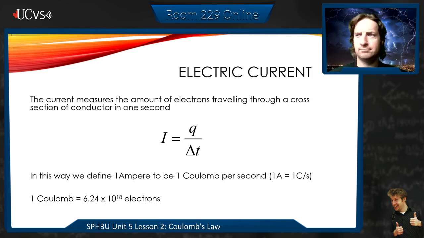I forget now. No, it was Thomson, actually. J.J. Thomson discovered the electron in the early 20th century. So we defined a Coulomb well before that. So we have to kind of go backwards and say that a Coulomb is 6.24 times 10 to the 18 electrons. So that's our current, the idea of flowing electrons.